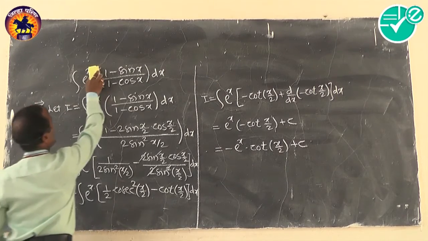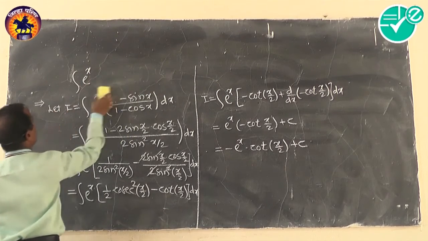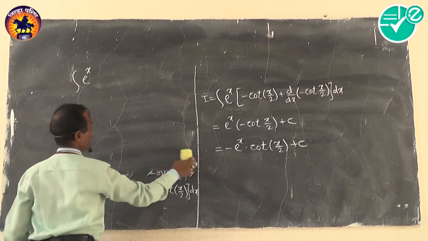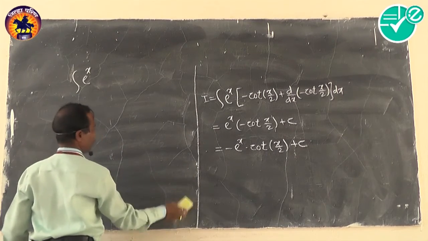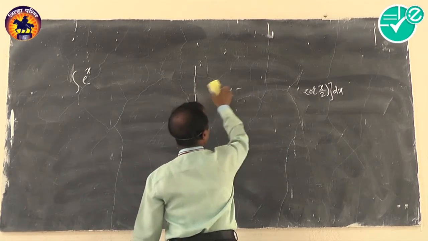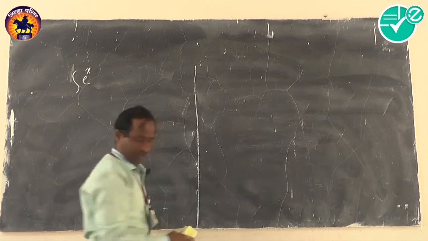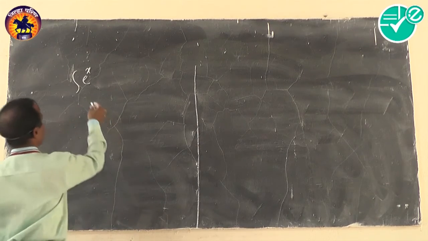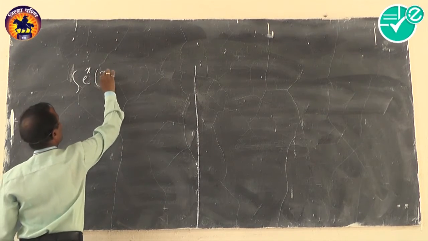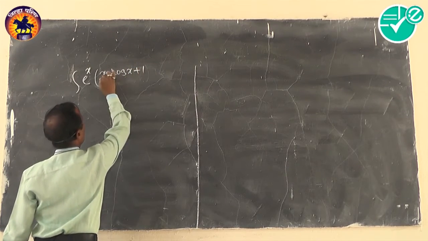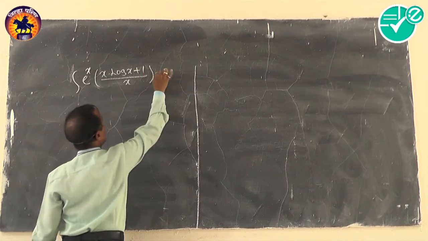Next example. E to the power x into (log x plus 1 upon x) dx.